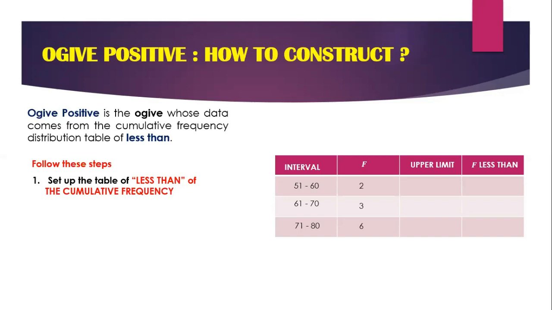So what about upper limit? Okay, students, what is upper limit? The upper limit formula is right interval plus 0.5 or half.